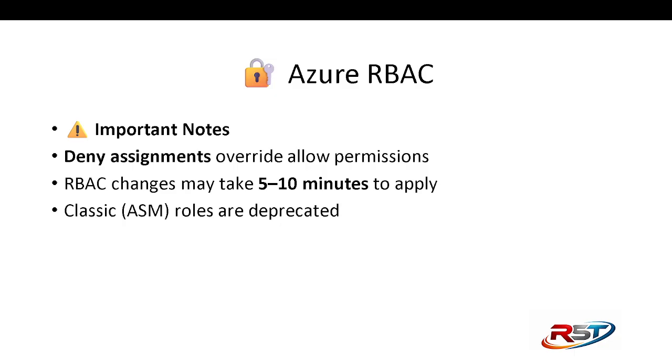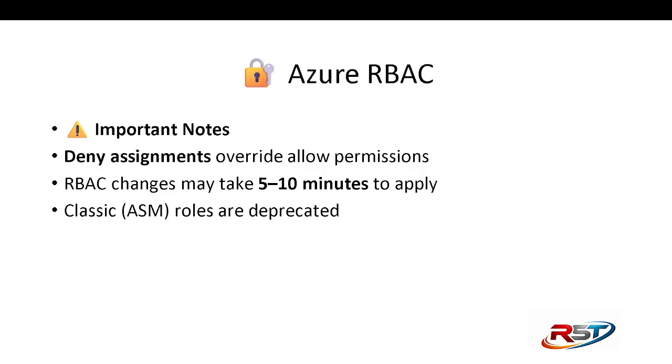So you have to avoid that, and provide access to specific groups or a specific subscription, whichever scope you want. Only that you have to provide. And deny assignments override allow permissions.